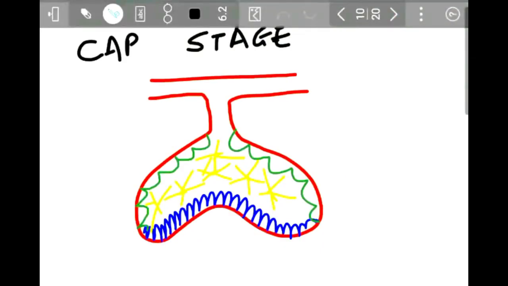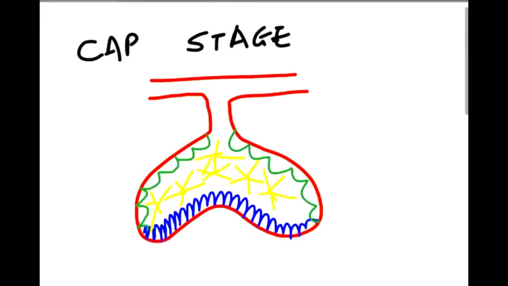Now, what is the cap stage? The tooth bud undergoes unequal growth in different parts, which results in the formation of a cap-shaped structure with a shallow invagination on the undersurface. When we see this cap stage under the light microscope, we can see three types of cells.